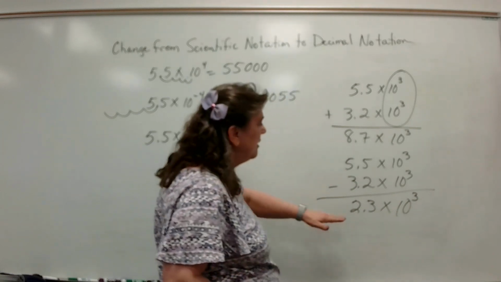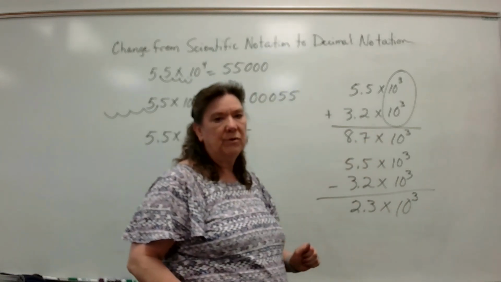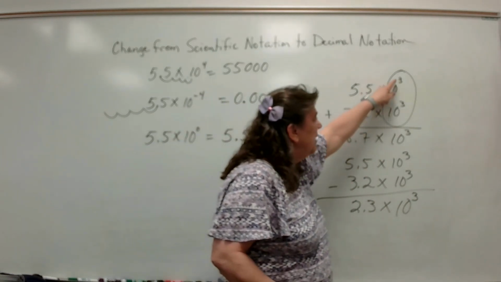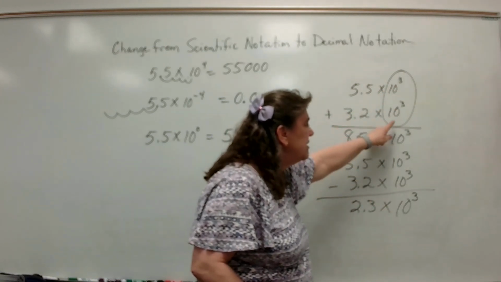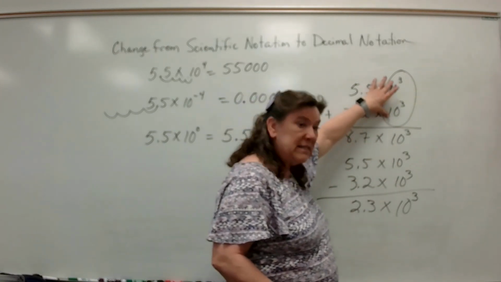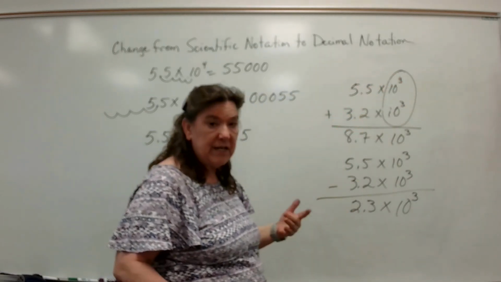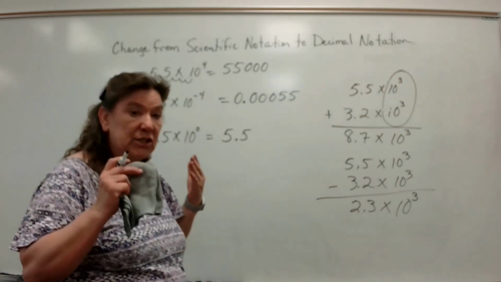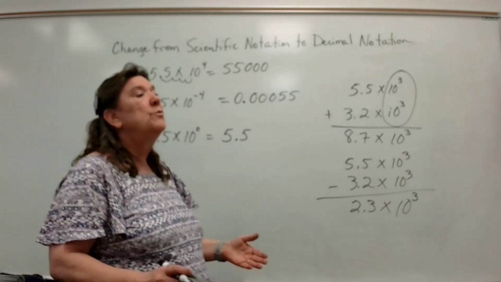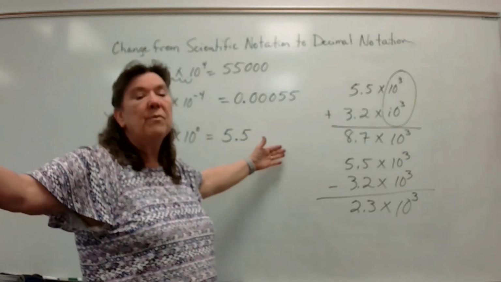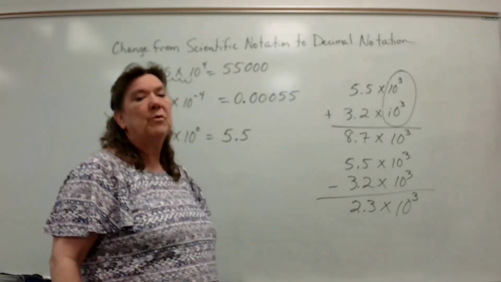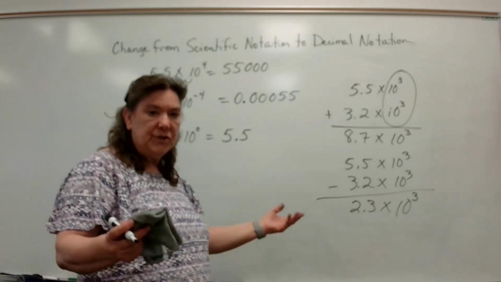So as you can see, you're keeping that place value exactly the same. If the exponent part, the power of 10 part of your scientific notation, is not the same, then you would have to write the numbers out all the way to add or subtract them, or put it in your calculator to do that.